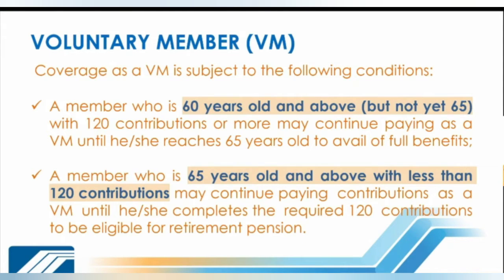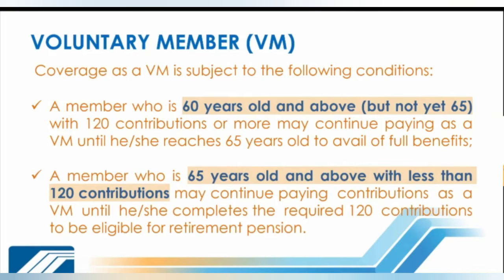So sa end po ni SSS, we also want our members na ma-target po ang retirement monthly pension. Para po kasi, 'no, sa monthly pension at the end of the day maliit man 'yan o malaki, that's forever. Hangga't kayo po ay nabubuhay, ay may aasahan kayong monthly pension mula kay SSS. So ang ating minimum requirement to avail of the monthly pension under the retirement benefit ay at least 120.